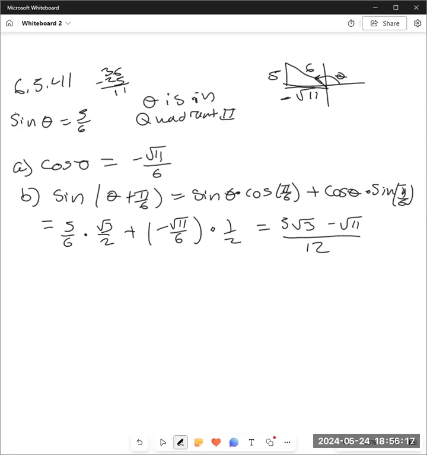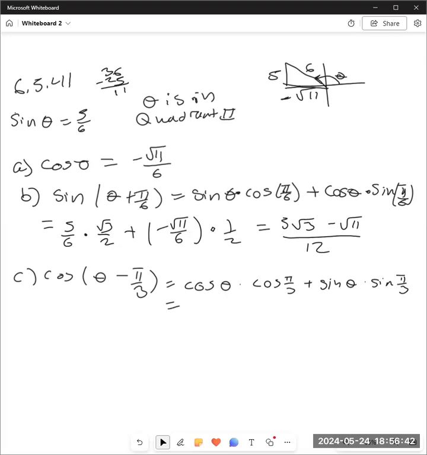C asks us to find cosine of theta minus pi/3, which is cosine of theta times cosine of pi/3 plus sine theta times sine of pi/3. Cosine of theta is going to be negative root 11/6 times cosine of pi/3 is 1/2.